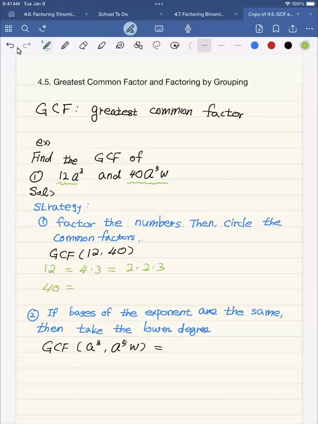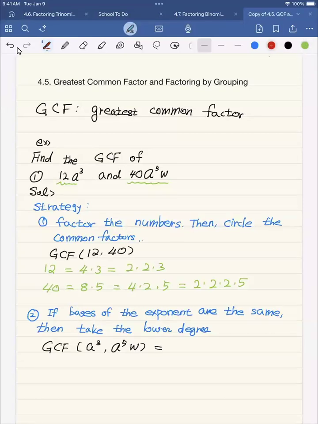40 can be written as 8 times 5. That can be rewritten as 4 times 2 times 5. And then again, that can be written as 2 times 2 times 2 times 5.